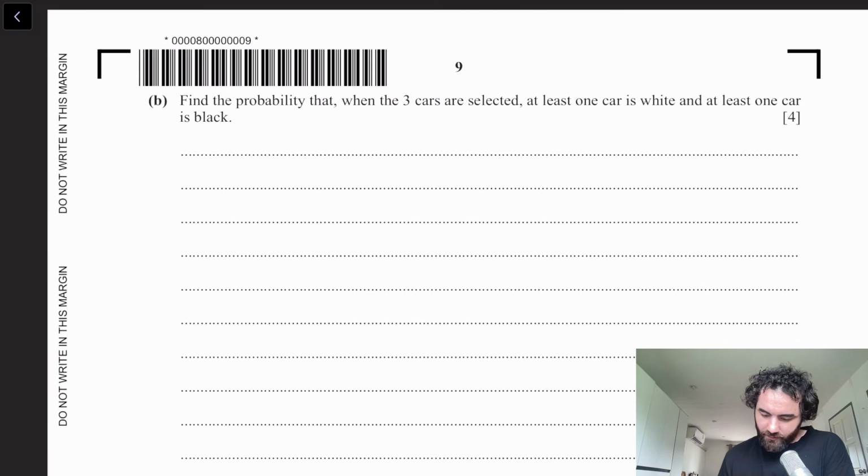Okay. B, find the probability that when 3 cars are selected, at least 1 car is white and at least 1 car is black. And 3 cars is at least, okay, so how can that happen? So the probability that at least 1 car is black and 1 car is white, at least 1. So how can that happen?